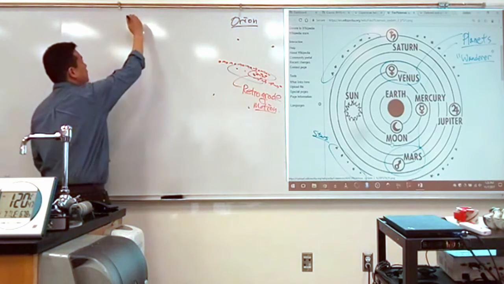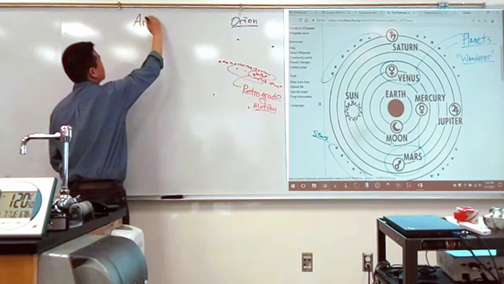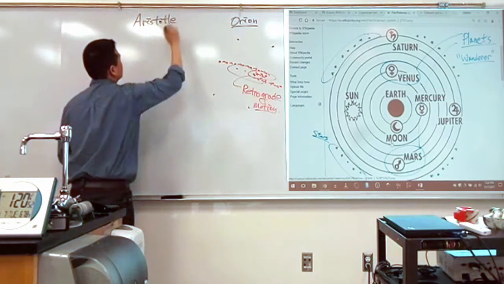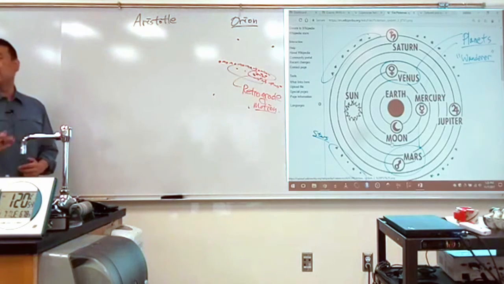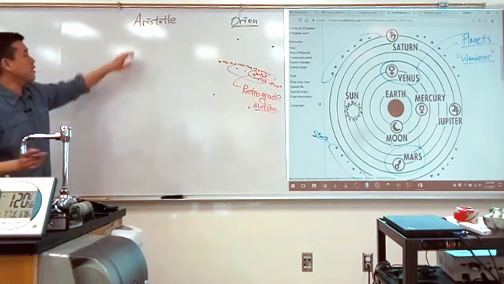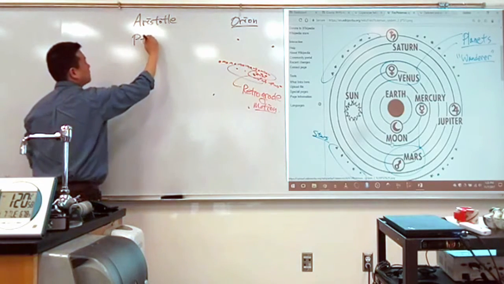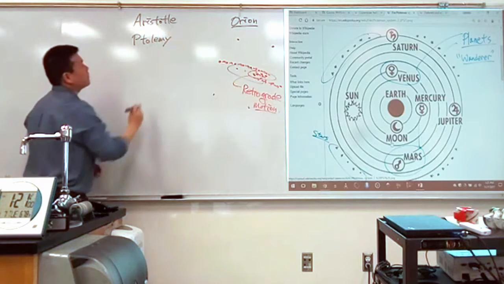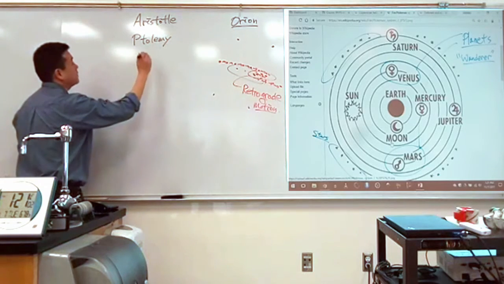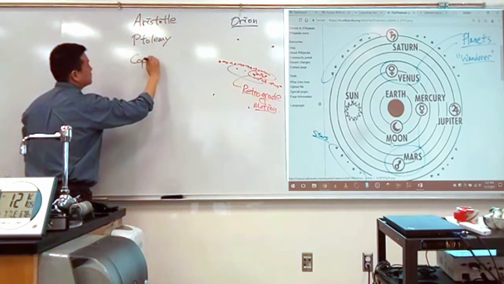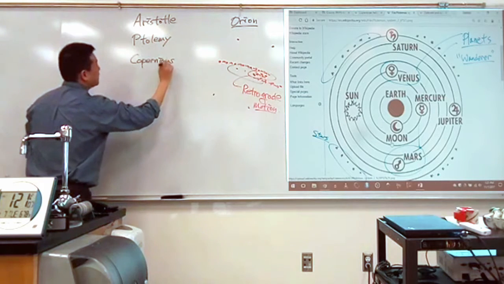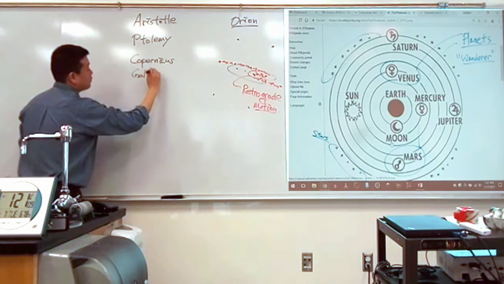So the names I threw out were Aristotle. I'll try to write them down in chronological order. Aristotle, Ptolemy, and then later on you would find Copernicus. And Galileo is the famous name that most people know.